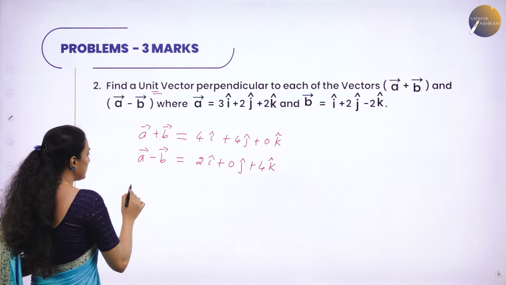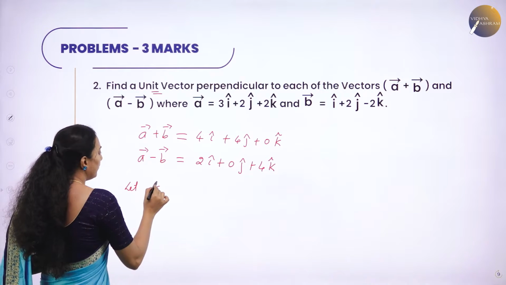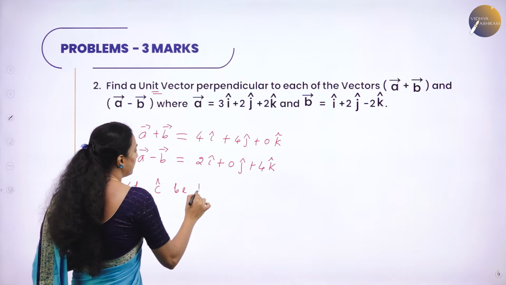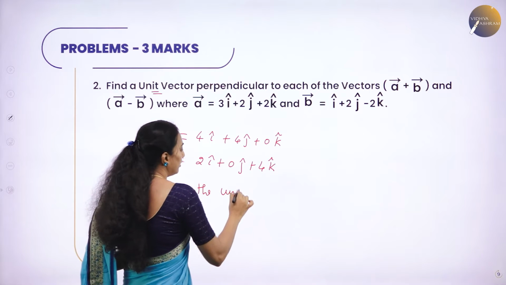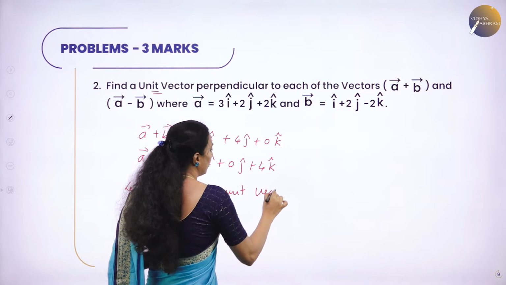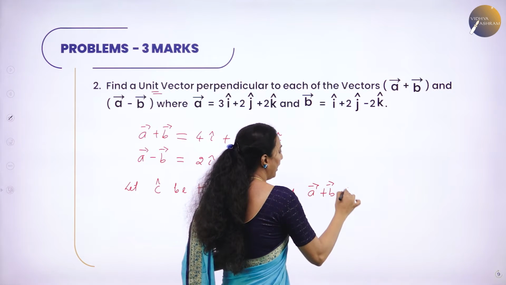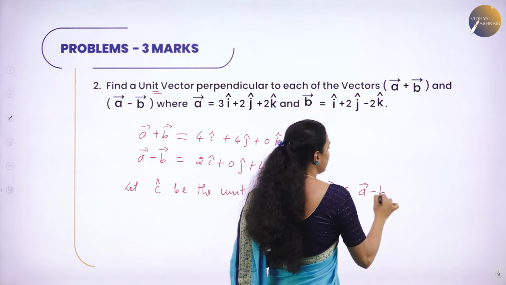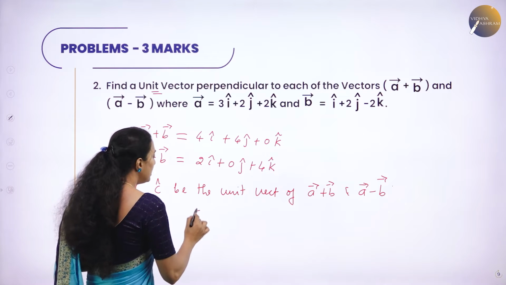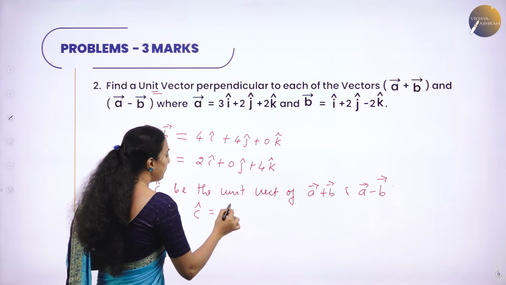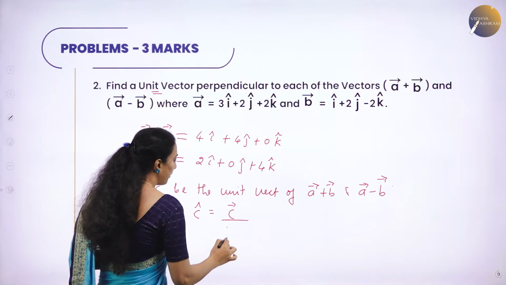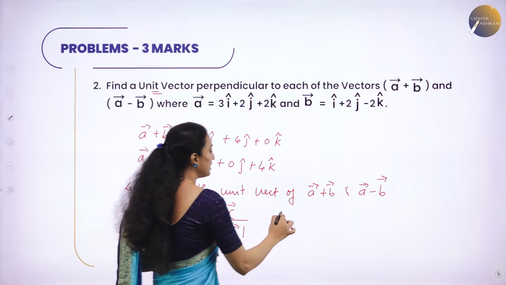Let us find it first. Let C cap be the unit vector of A vector plus B vector and A vector minus B vector. So C cap is given by the formula C vector divided by magnitude of C vector. But what is C vector?